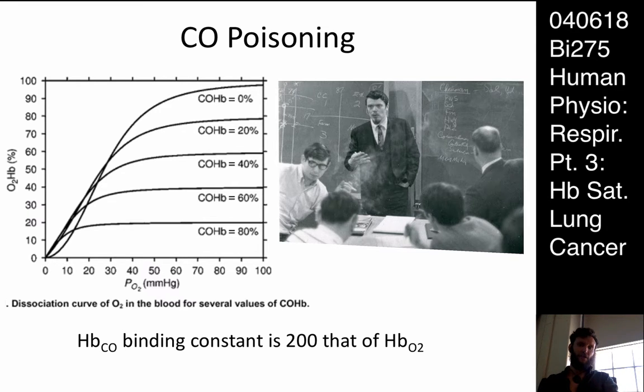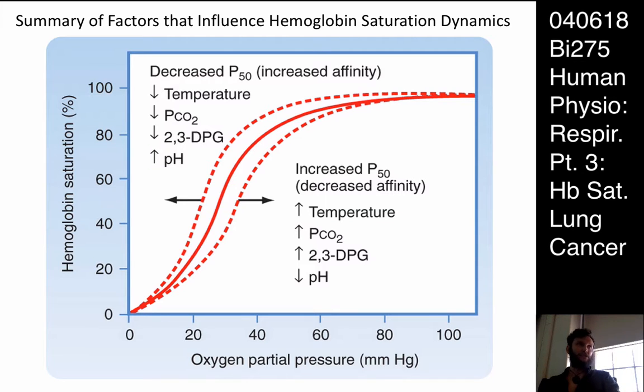No? Okay. All right, so here's kind of a summary slide of all this. So things that decrease the partial pressure of 50% saturation. That's what this P50 means. P50 is the partial pressure of 50% saturation.